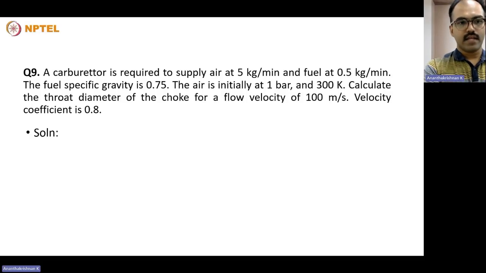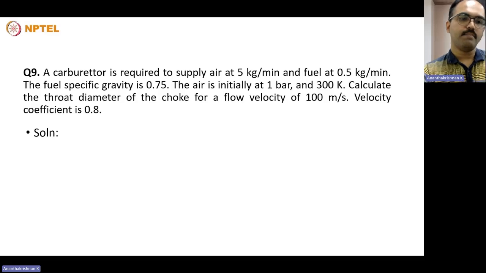A flow velocity of 100 meter per second is given, and the velocity coefficient of 0.8 is also given. The throat area is the area of the lowest cross-section.